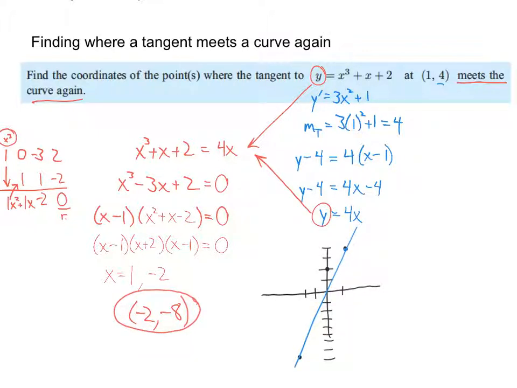So the original function, let's see, it's positive. Not sure what exactly that would look like. Hang on. Same process. All right, so this one actually ends up looking something like this.